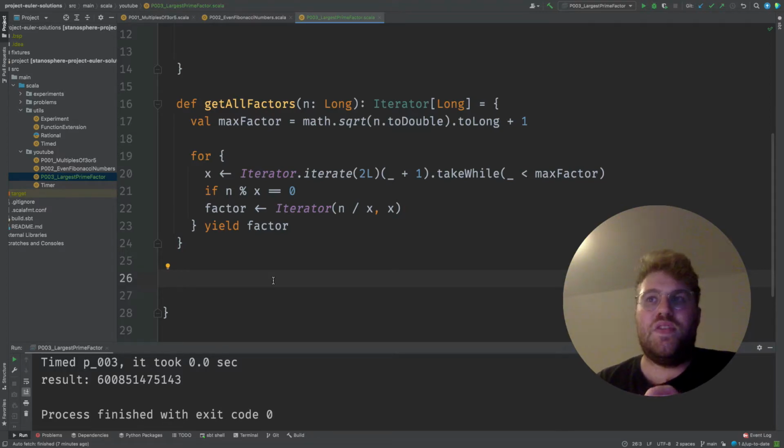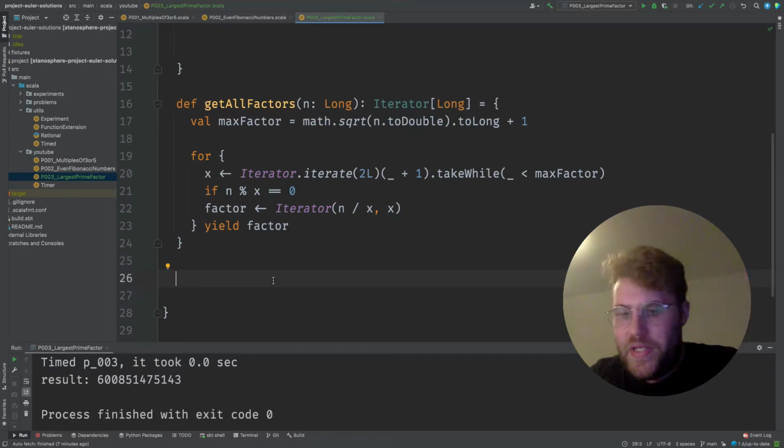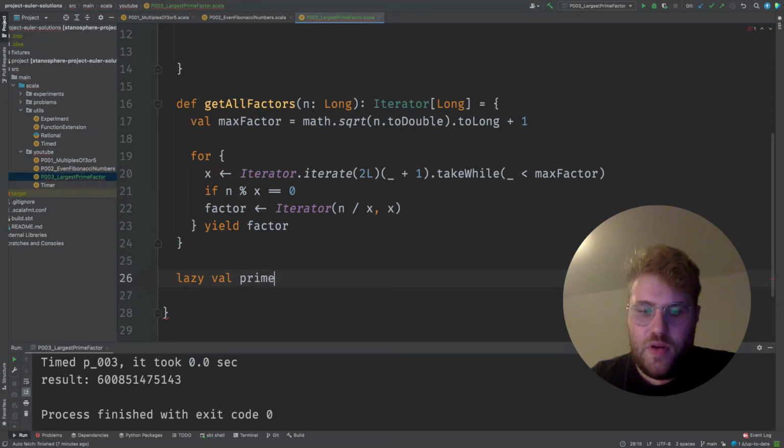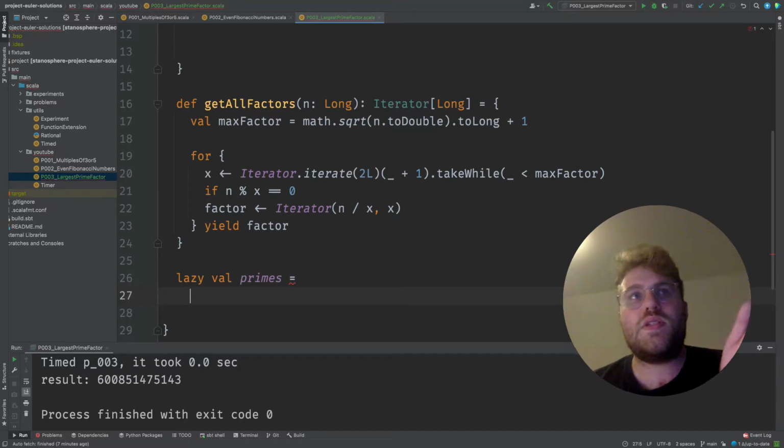Is this the most efficient way? No, but it kind of makes sense. And it's actually really similar to what's going on up here. There's loads of better ways of finding prime numbers. This is just the simplest I can think of. So it starts with a lazy val called myPrimes. And because we're using longs everywhere, I think this should be longs.